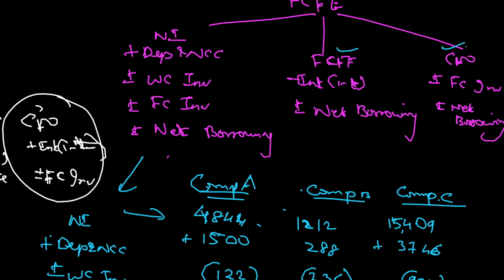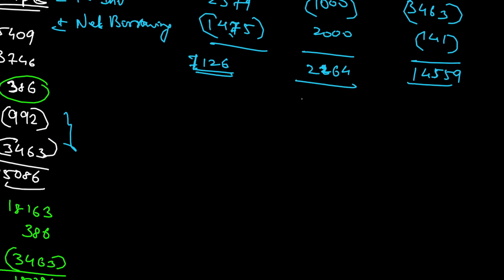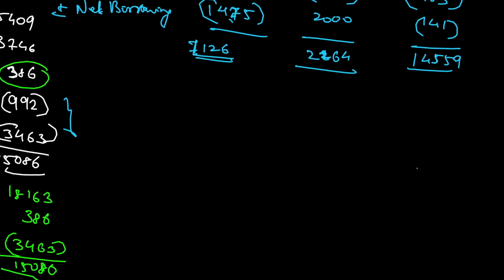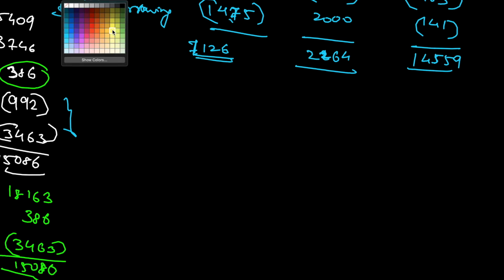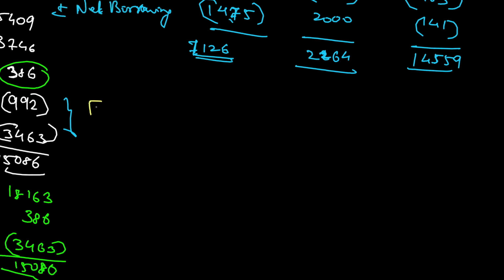This I can cross check with this formula also and this formula also. So let me use the second one now. Free cash flow to the firm minus interest into 1 minus tax rate plus or minus net borrowing.